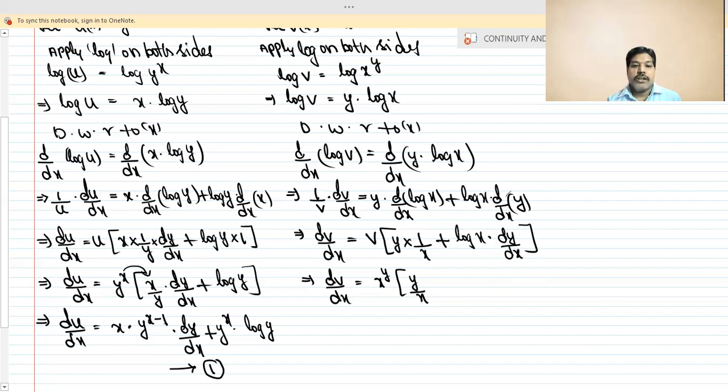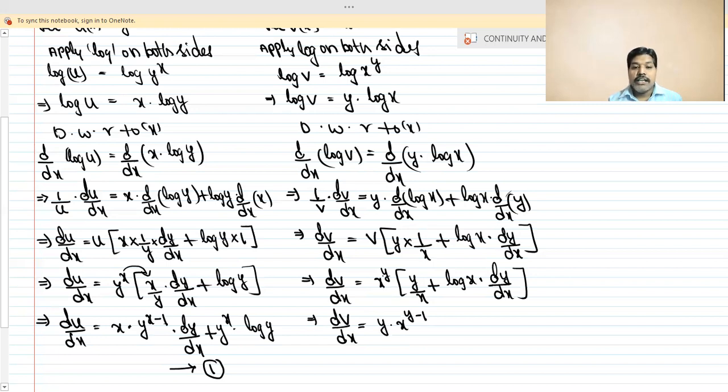See this one, uv: u into v dash plus v into u dash. The derivative of y is nothing but dy by dx. So y by x plus log x into dy by dx. Then just multiply by v, x power y, inside. So dv by dx is equal to x power y into y by x, which you can write as y into x power y minus 1.